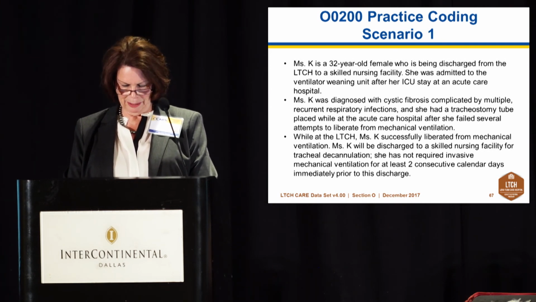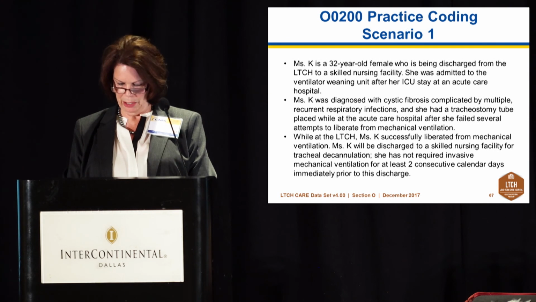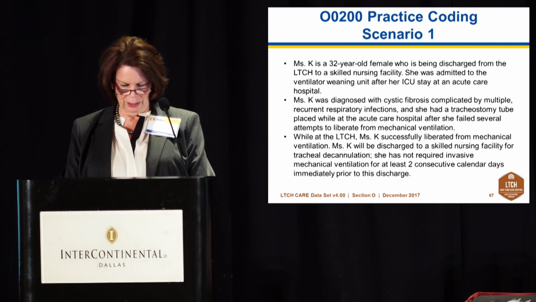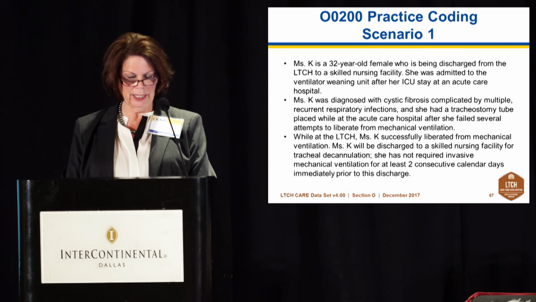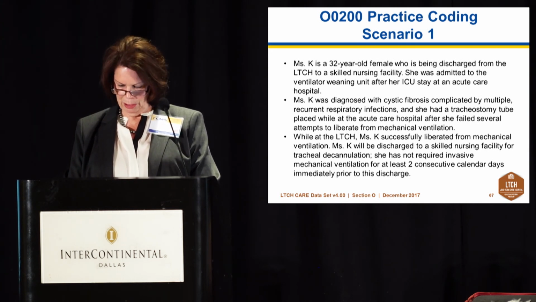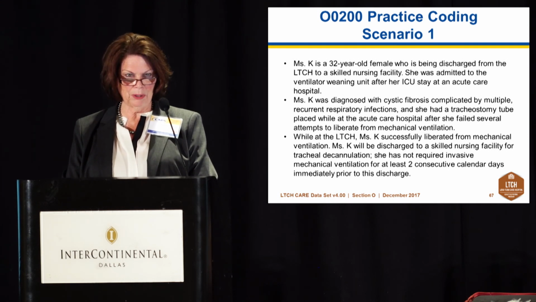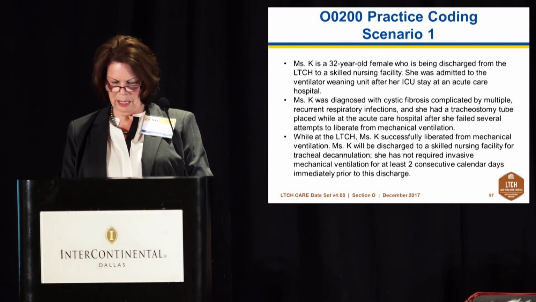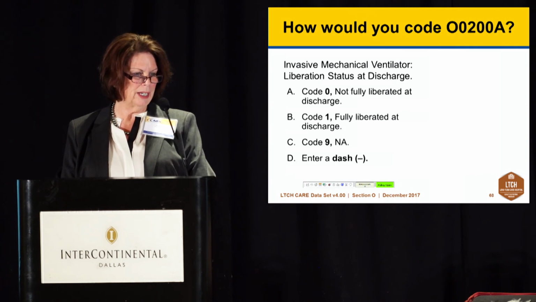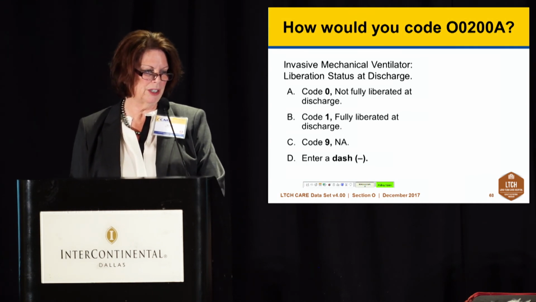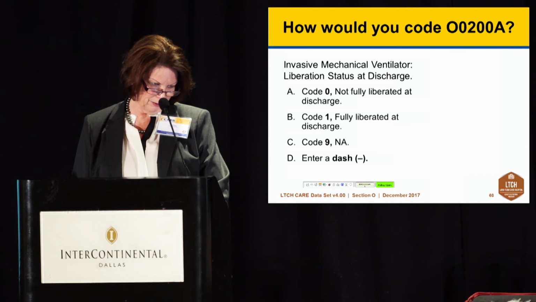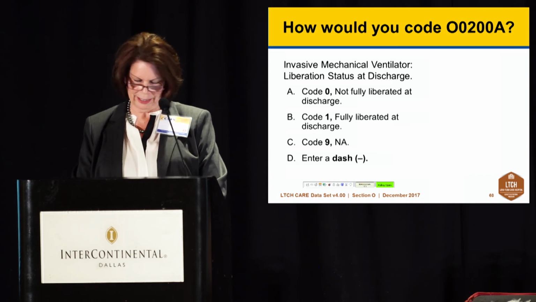While at the LTCH, Ms. K successfully liberated from mechanical ventilation. She will be discharged to a skilled nursing facility for tracheal decannulation. She has not required invasive mechanical ventilation for at least 2 consecutive days immediately prior to the discharge. How would you code O0200A, invasive mechanical ventilator liberation status at discharge?